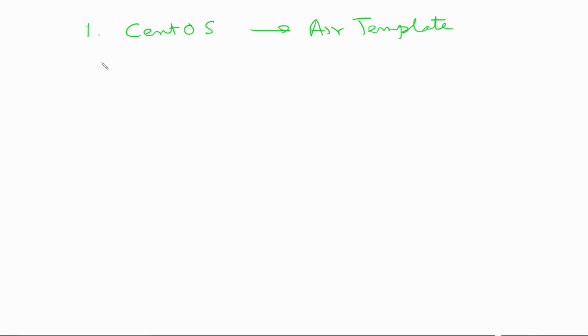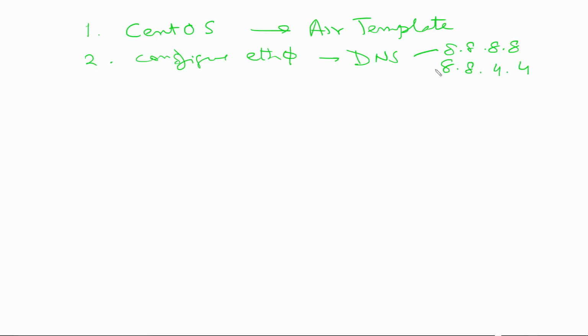The second thing I had to do was configure Ethernet 0 for DNS. So I set up DNS to 8.8.8.8 and 8.8.4.4, and I had to edit a file. Let me just get that information. Yes, here it is.